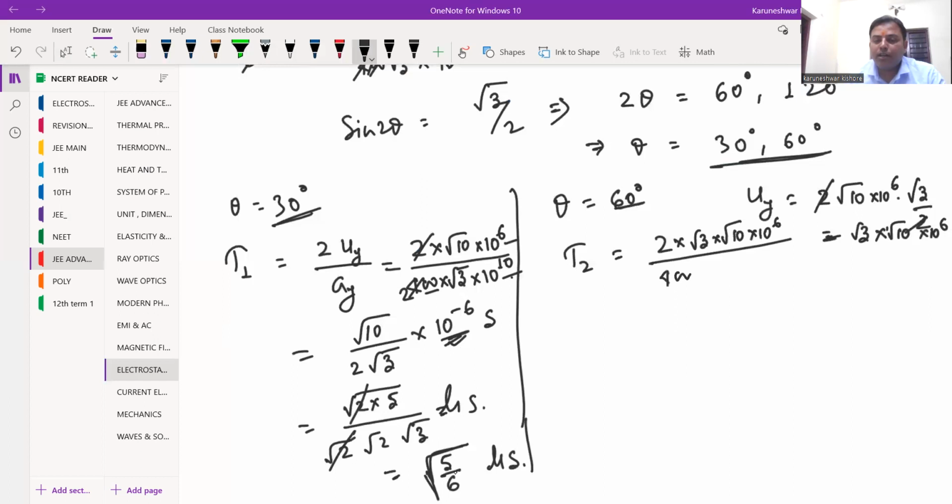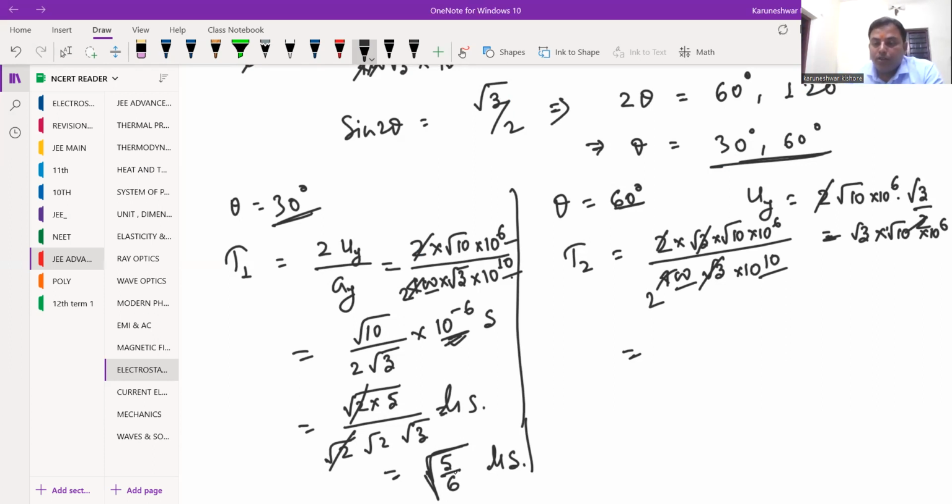After getting this value, we simplify it. It is 10 to the power 10 over 20, which gives 10 to the power 12, that is 10 to the power minus 6. Root 3 gets cancelled out, and 2 and 2 gives 2. So we get root 10 in the numerator, and in the denominator root 10.